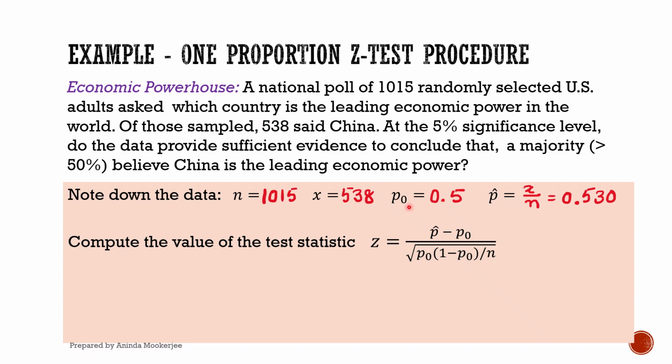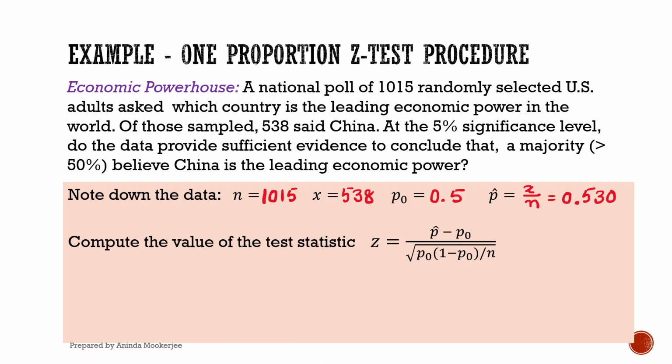Then the null hypothesis proportion, p sub 0 is 0.5, and the sample proportion was calculated as 0.530. All right, so this is all the data we will need to plug into this formula to find the test statistic value. So let's go ahead and do that.